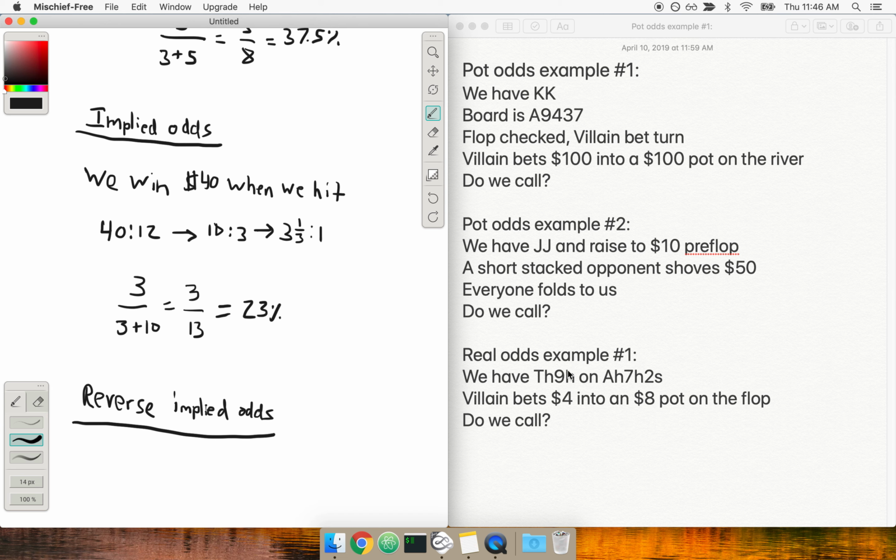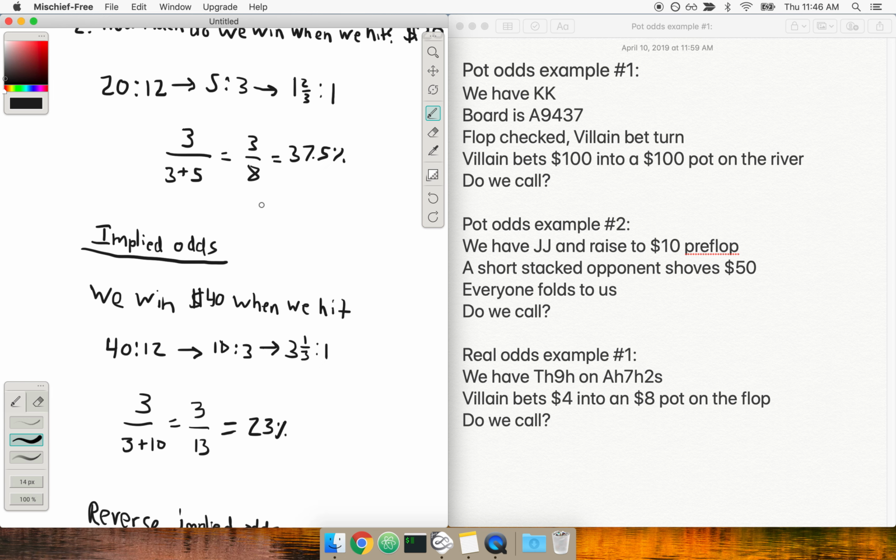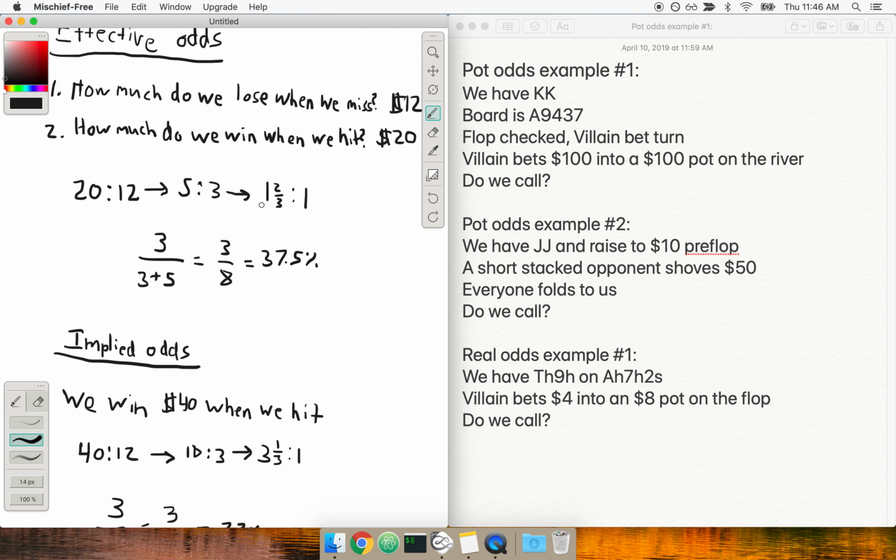Or maybe we make our flush, but they make a full house. So when we win, we don't have the absolute nuts. When we hit one of our outs, we're not going to automatically win the pot. Sometimes we're going to think that we win, but we're going to get beat. So that's a little bit complicated to factor in.